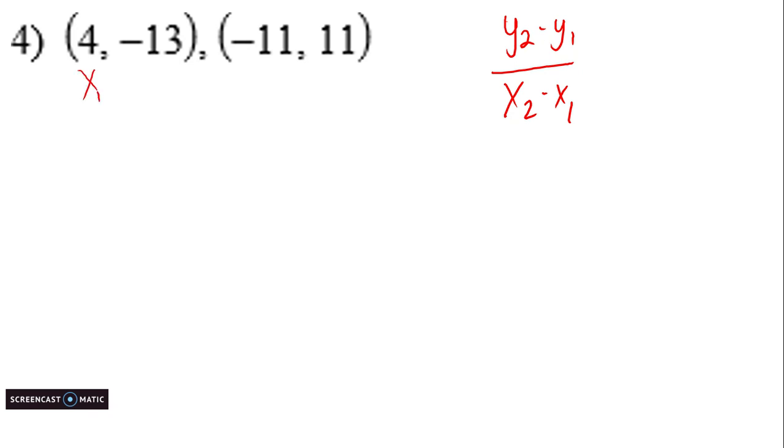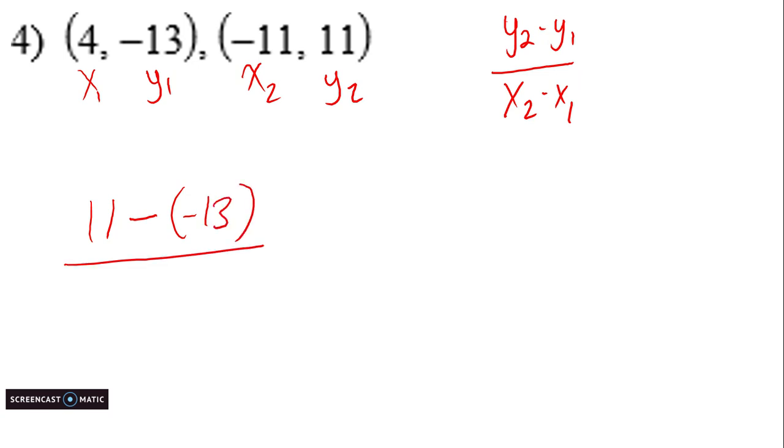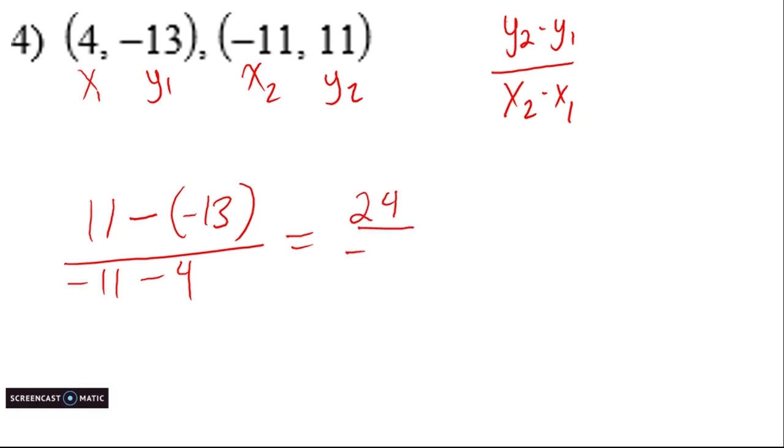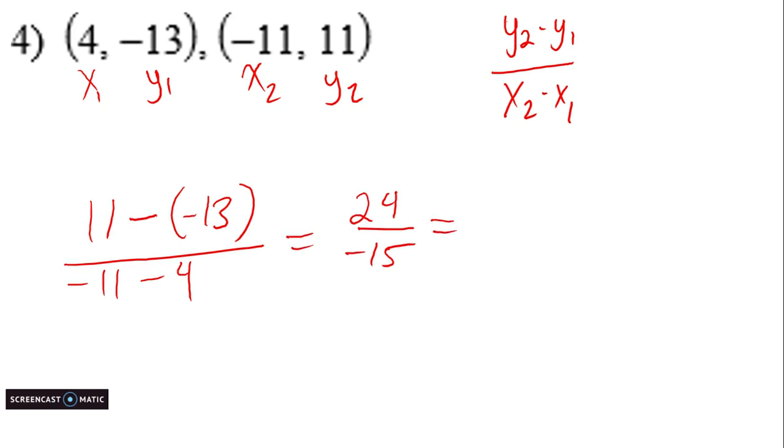So I'll make these my 1s, these my 2s, and ready to go. y2 minus y1, negative 13, all over x2 is negative 11, x1 is 4, so that gives positive 24 over negative 15. It equals 8 over negative 3. 8 over negative 3 is the same thing as negative 8 over 3.